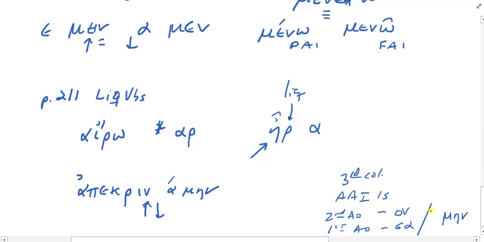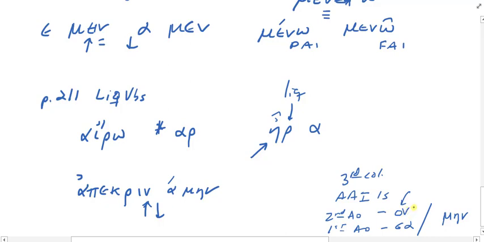anabaino becomes anebēn. That's one where I have what should have been a second aorist, but this ends up being what we called a root aorist, like egnon, if you remember that one. There's no connecting vowel, but it does use the nu. What's that? Go ahead.